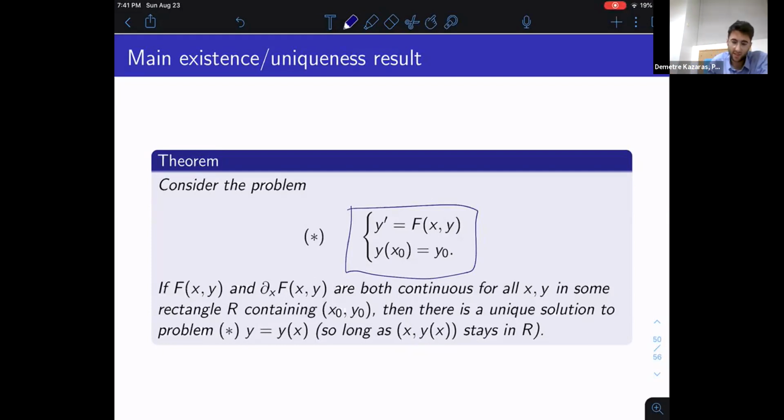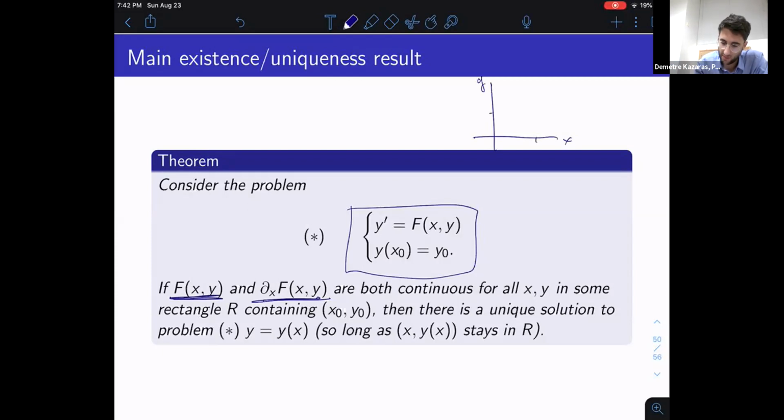So if the right-hand side of the equation, capital F, and its derivative with respect to x are both continuous, unlike in the previous slide, where f was y over x, which is no good at 0 when x is 0. By no good, I mean not continuous at 0. So that would lead to some problems. But if f and the partial derivative of f with respect to x are both continuous in some rectangle, let me draw a little picture. So we have the xy plane here.